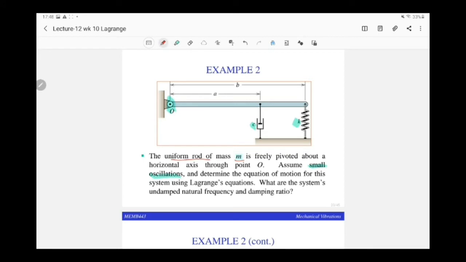In this case, you can already see the kinematics between the displacement of C and K in terms of x is going to be either A or B. For C it will be A theta, and for K it will be B theta.